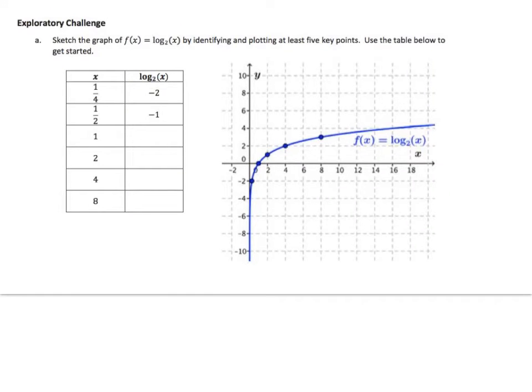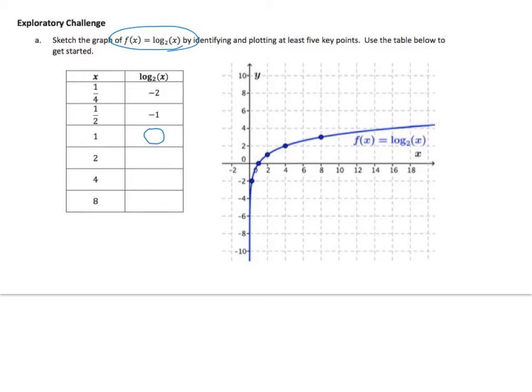All right, so let's explore a little bit. Sketch the graph of f of x equals log base 2 of x by identifying and plotting at least 5 key points. I've already plotted it for us, but let's go ahead and calculate the rest of the numbers. Right here, if I plug in a 1, I'll always get 0 no matter what the base is.